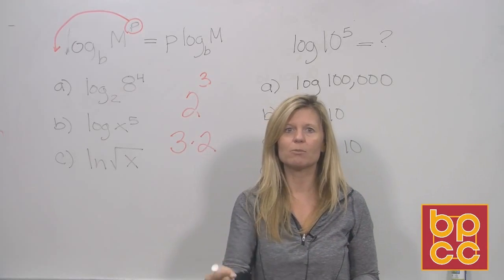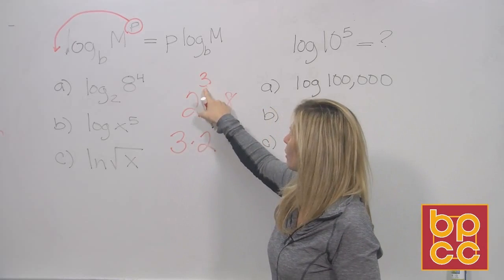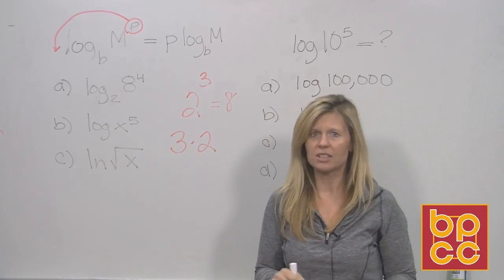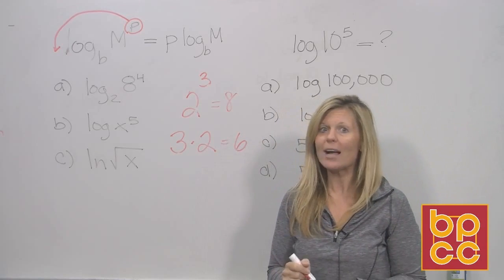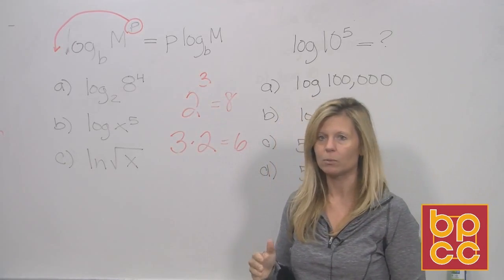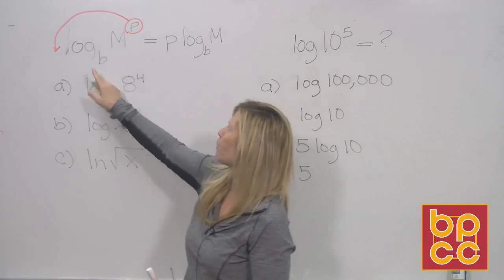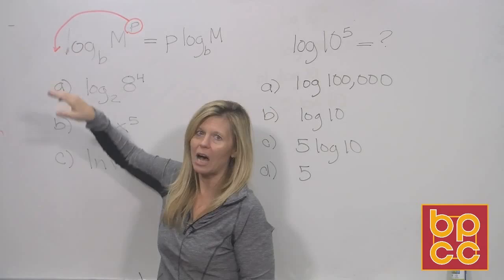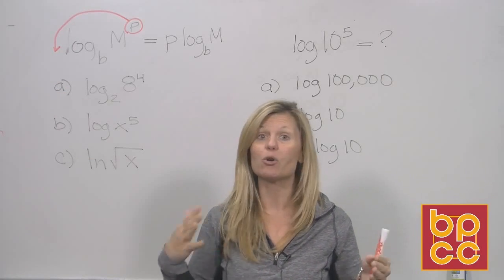That's 2 times 2 times 2, which is 8. If you rewrite that as 3 times 2, does that make 8? No, that makes 6. So I don't want you thinking if you see an exponent, always bring it down. This rule says you can bring an exponent down when you see the word log. So let me give you a real life analogy for how you can remember this.